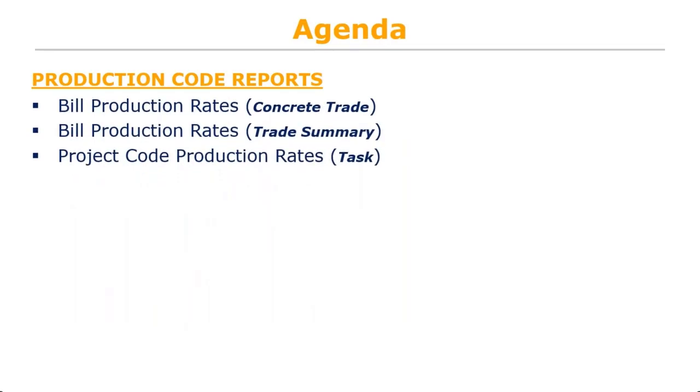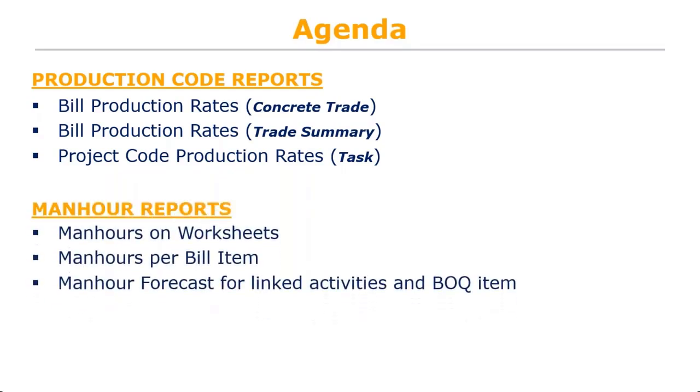I will print the following reports: bill production rates based on the trade for concrete, bill production rates report based on a trade summary, and project codes production rates based on activity or task. And then lastly, we will look at man-hour reports, man-hours on worksheets, man-hours per bill item, and man-hour forecast for linked activities and BOQ items.